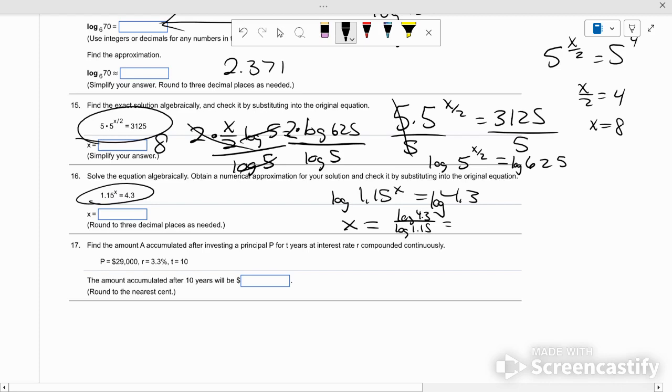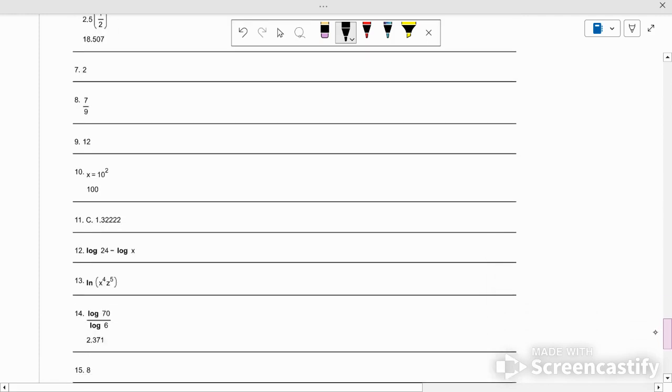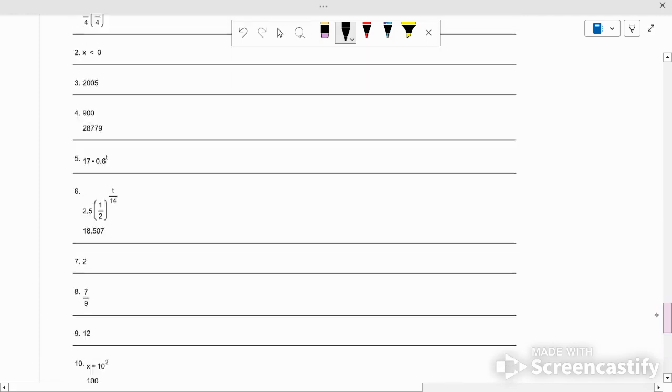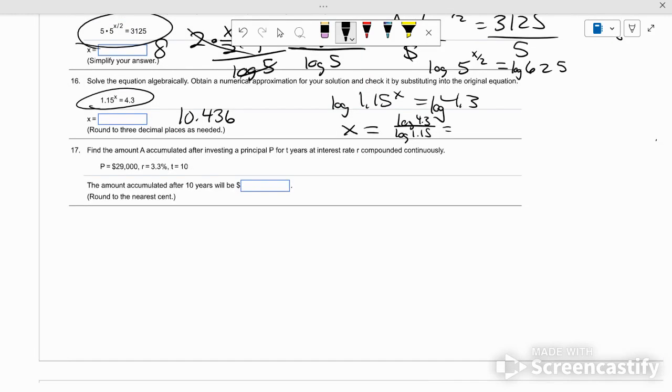Decent sized number, not super small. 10.436. There it is, 10.436. All right.